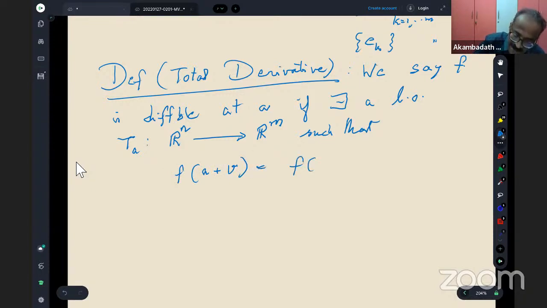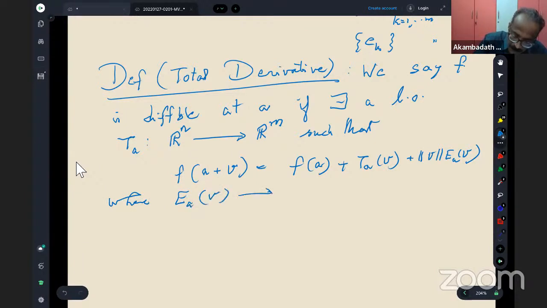f of a plus v equals f of a plus T_a of v plus norm v into E_a of v, where E_a of v goes to 0 as v tends to 0.